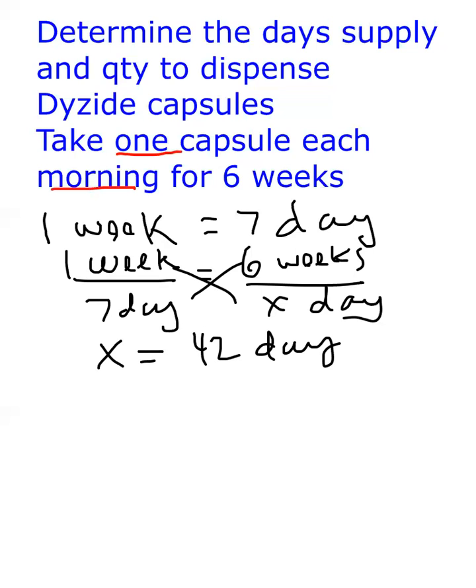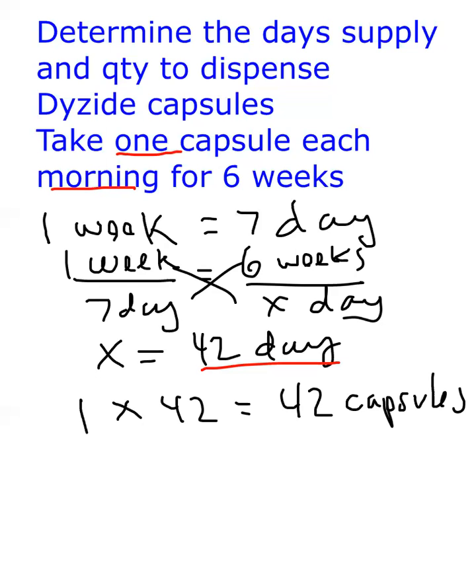So we're just taking 1, and we already know for how many days. So we can put 1 times 42 because we're taking one a day. So that would be 42 capsules that will be dispensed.